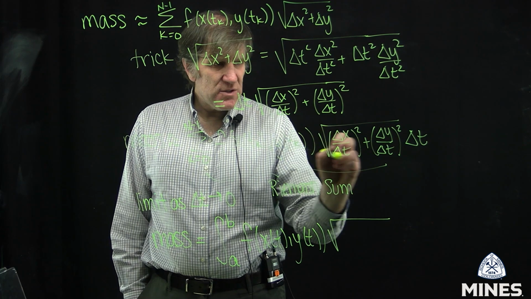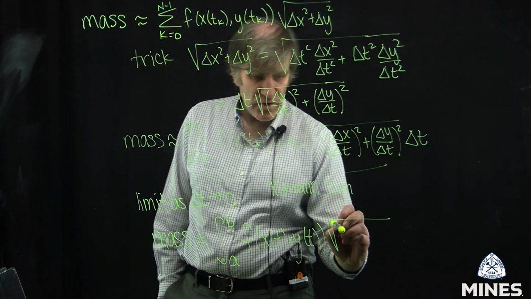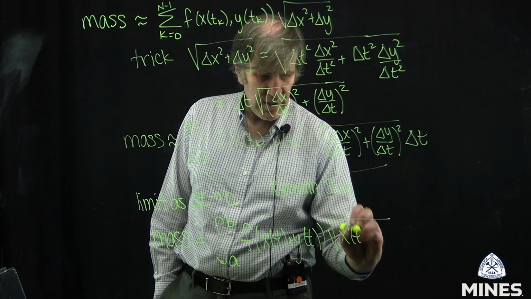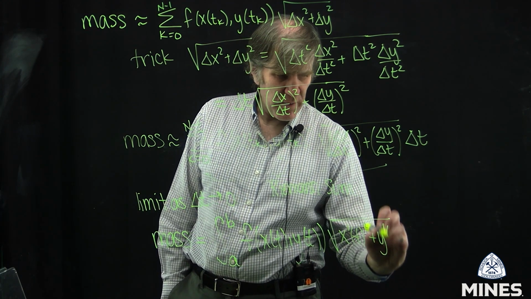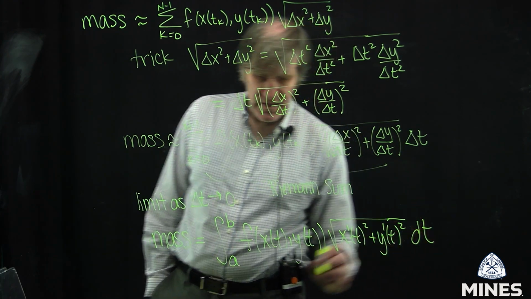The limit of these terms here as delta t goes to 0, that's the definition of the derivative. So this is x prime of t squared plus y prime of t squared, and then we have dt.